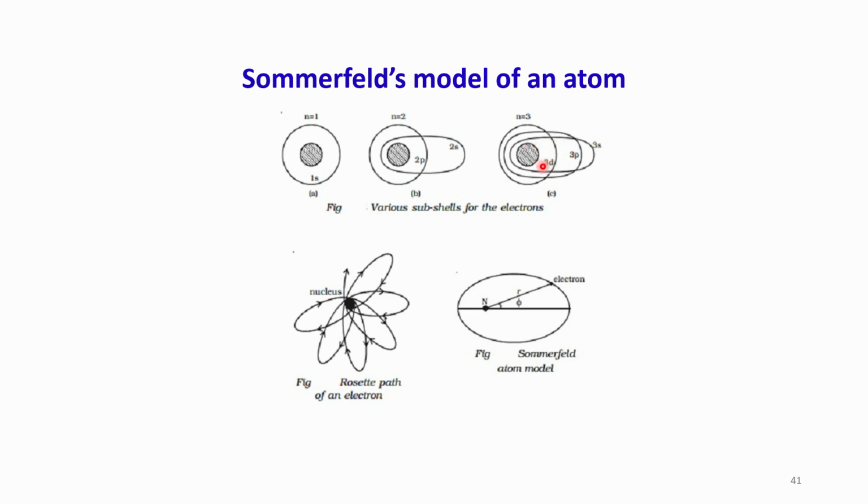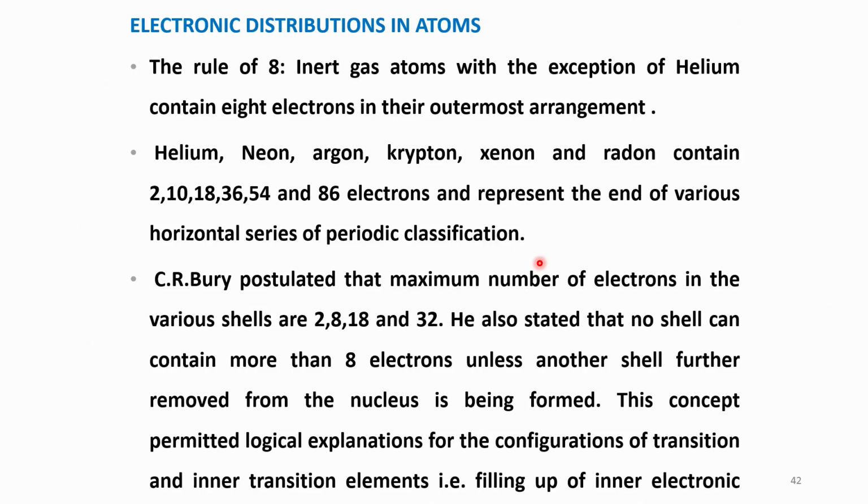Various subshells for the electrons are there, and then this is the rosette path of an electron. Electron can be moving in different orbits at different angles, different speeds, but only around the nucleus, and this is the Sommerfeld atomic model.